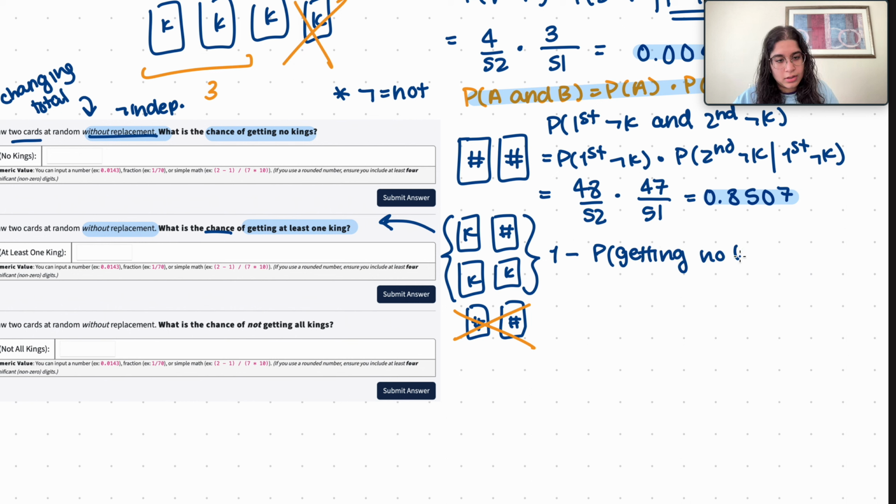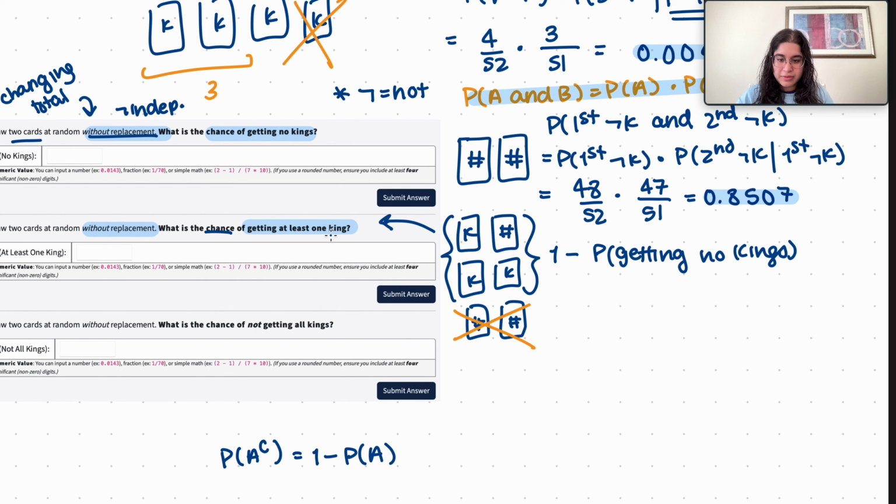Getting no kings. Because remember, the probability of an event happening is 1 minus the probability of its complement. So we're doing the same thing here.